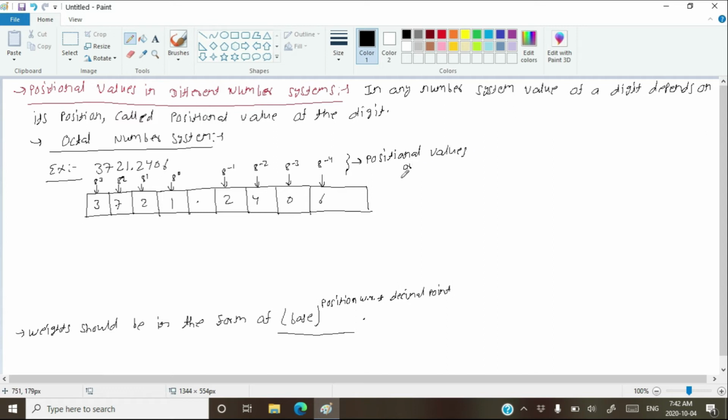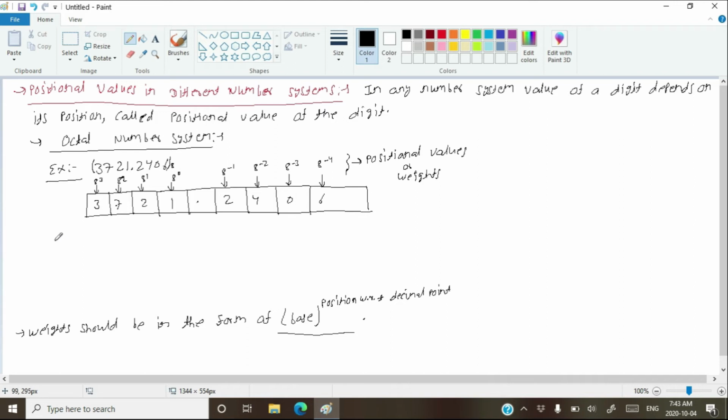So when you multiply the various digits by their positional values, you will get the corresponding decimal number. So this number is given in octal number. That's how you can enclose this number in the bracket and write 8 as the subscript.